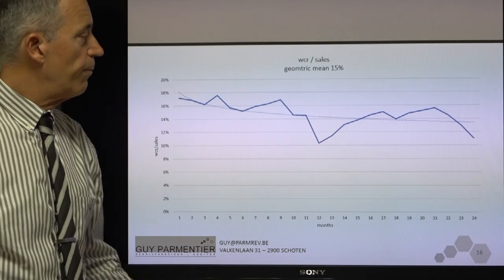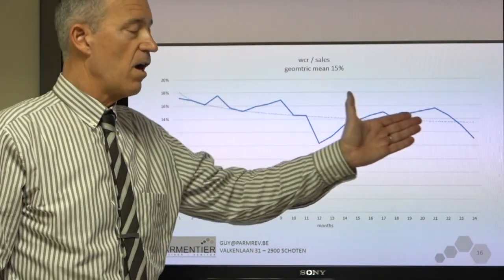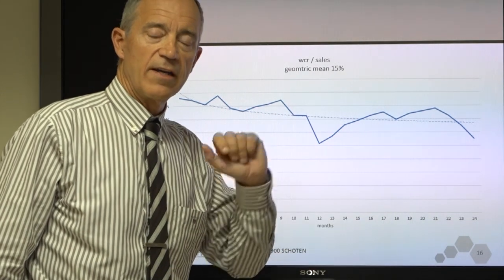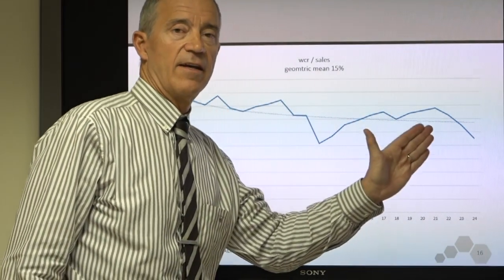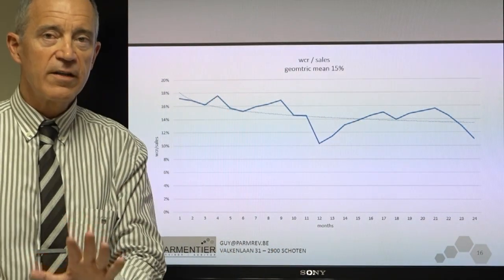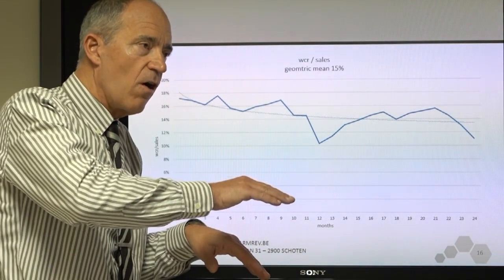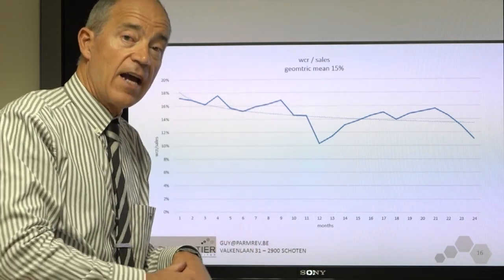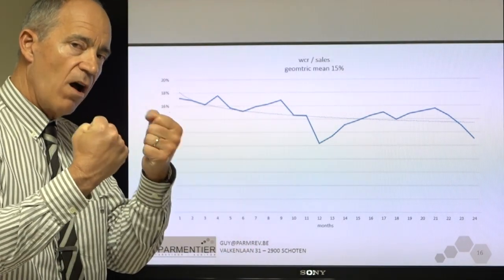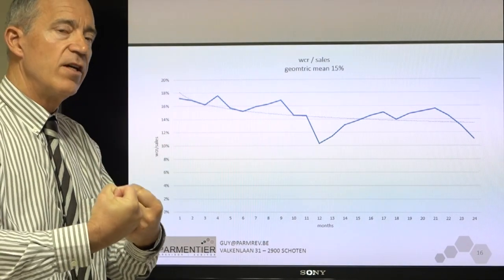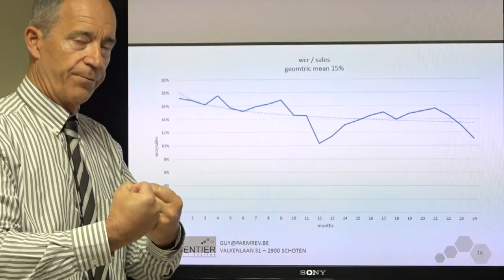Now, evolutions are very important. This is another company, and here you see that they are decreasing their working capital requirement. They are creating cash. Now, very important in valuation: when the company has a constantly increasing working capital requirement, you will deduct this average yearly increase from your cash flow.